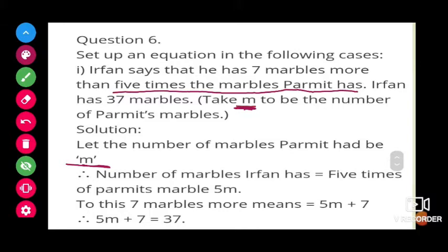So if Parmit has m, then 5 times Parmit's marbles will be 5m. Then he has 7 marbles more than that, meaning 5m plus 7 is equal to Irfan's marbles. Irfan's marbles are 37, so we can say that 5m plus 7 is equal to 37.